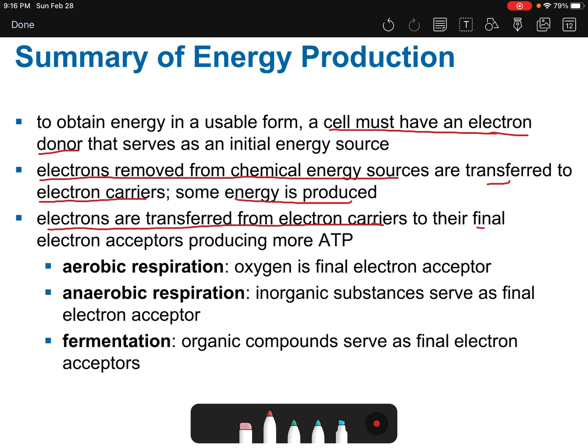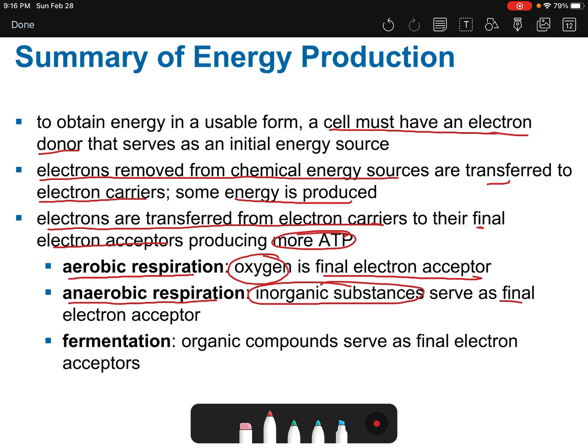Electrons are transferred from electron carriers to their final electron acceptors, producing more ATP. Remember, in aerobic respiration, oxygen is the final electron acceptor. In anaerobic respiration, inorganic substances are the final electron acceptor. And for fermentation, organic compounds are the final electron acceptor.